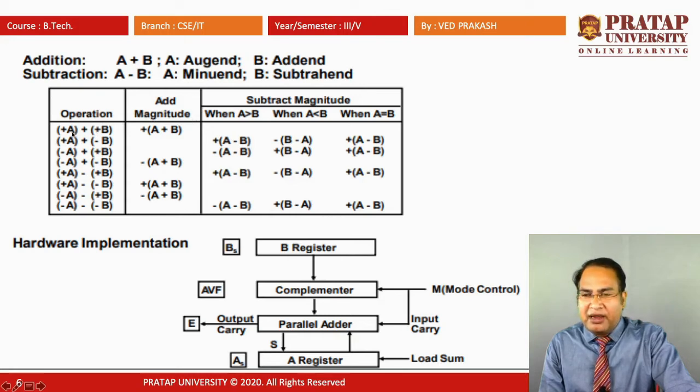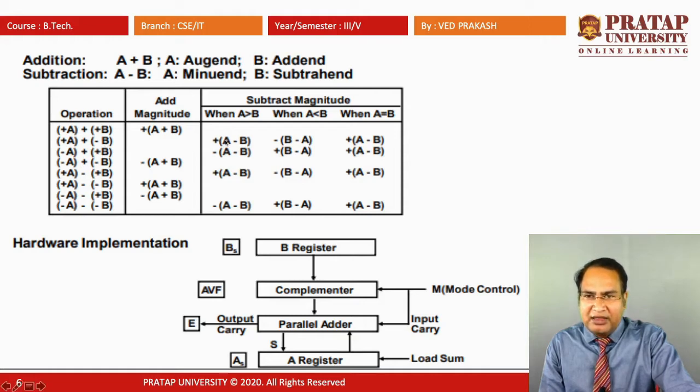First, when A is positive and B is positive and we are performing the addition operation, then add magnitude is always represented as positive. Now, if A is positive and B is negative and we are going to perform the addition, then we use different cases.